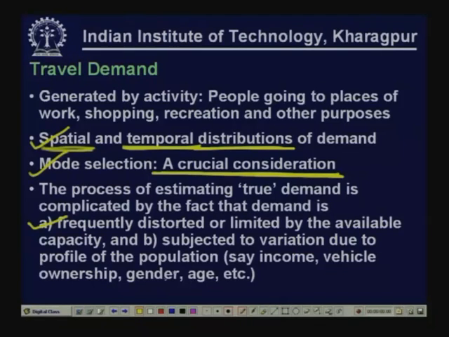And also demands are subject to variation due to the profile of populations, say income, vehicle ownership, gender, age and other socioeconomic attributes. If you see the trip rate, the per capita trips made in a day, it is influenced by income, it is influenced by car ownership.